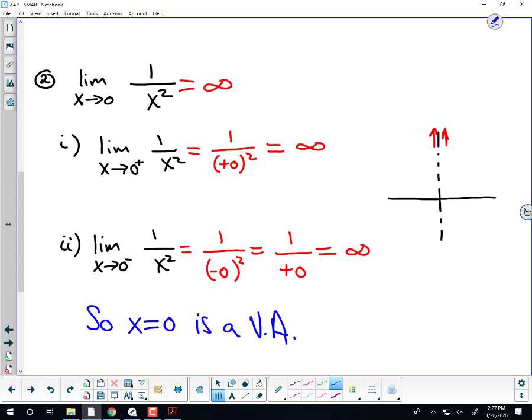The reason we look at it from both sides is so we can have a sense of what's happening on both sides. But we could have stopped at part 1 and said, that's enough to tell me that I have a vertical asymptote at x equals 0. Does that make sense? Anyone have any questions?